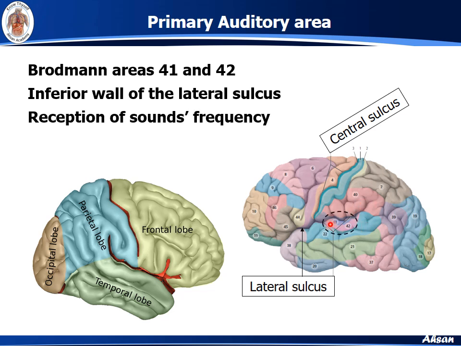These are the primary auditory areas, and they are responsible for reception of the sound frequency initiated from the auditory receptors present in the ear. This receives fibers from the contralateral side.